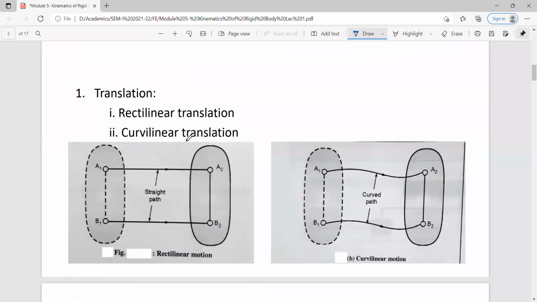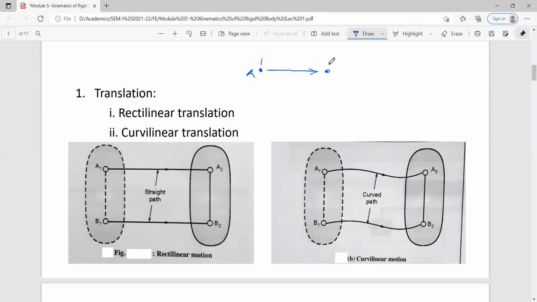You see that translation has two types. One is rectilinear translation and another one is curvilinear translation. So in this, a particular body, say this is body A, gets translated to another position.